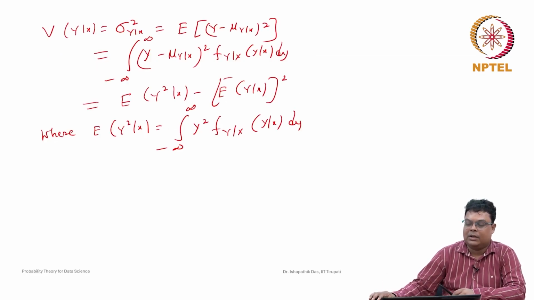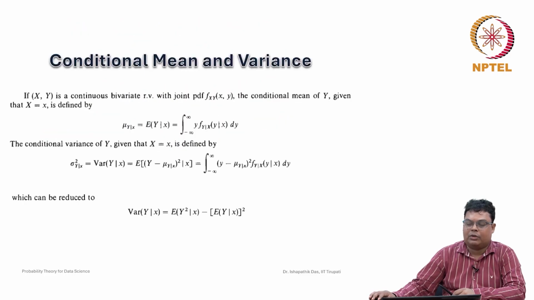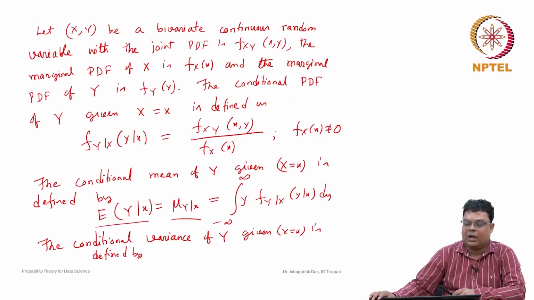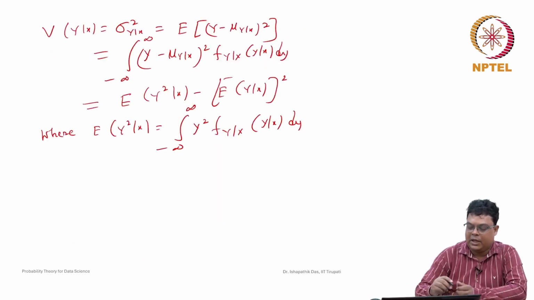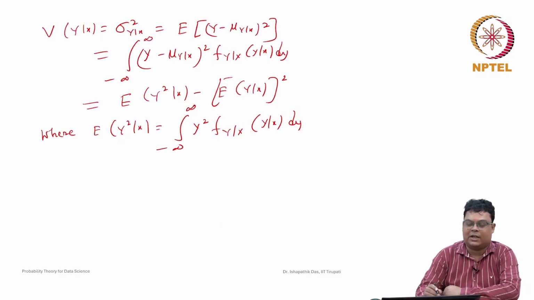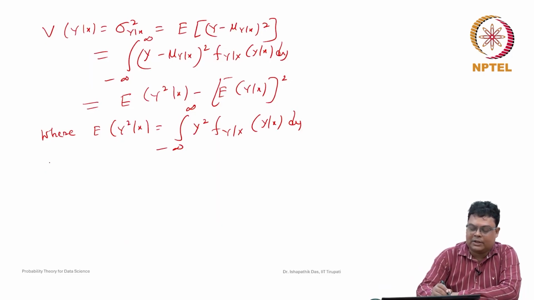Now suppose you want to find the conditional mean and variance of x given y. Earlier it was y given x, so similarly we can define it. You just have to interchange the positions of x and y.